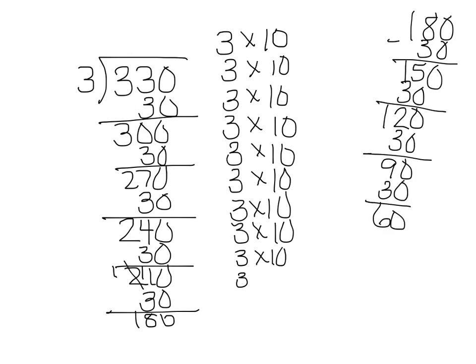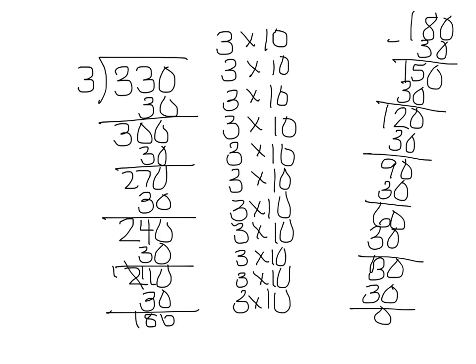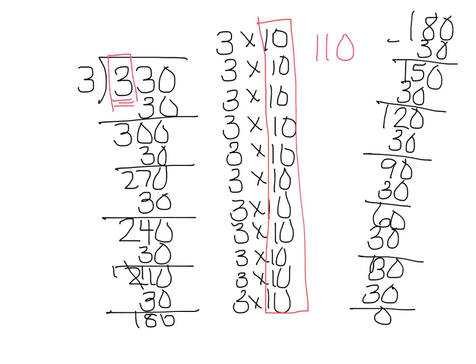And then my last 3 groups of 10. And again, I add these together, and I still get the same answer, 110. But when I look at hundreds first, because I have enough, boy, that saves me a lot of time.